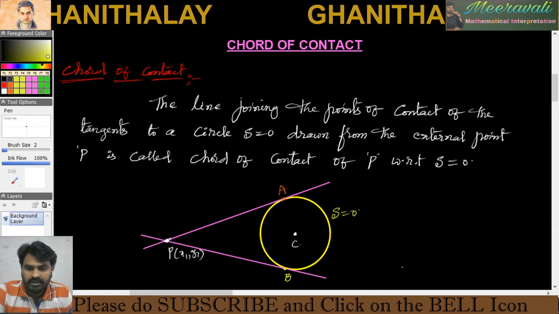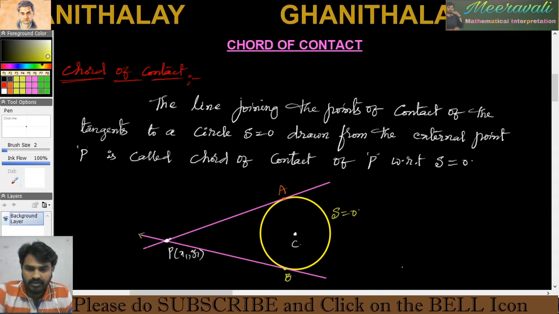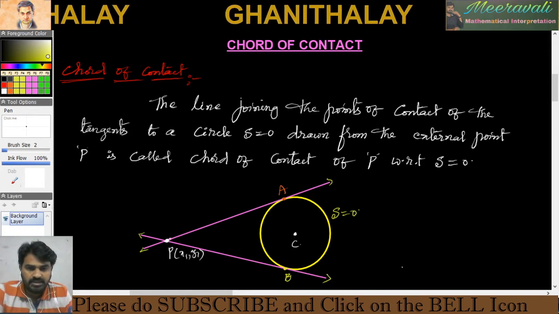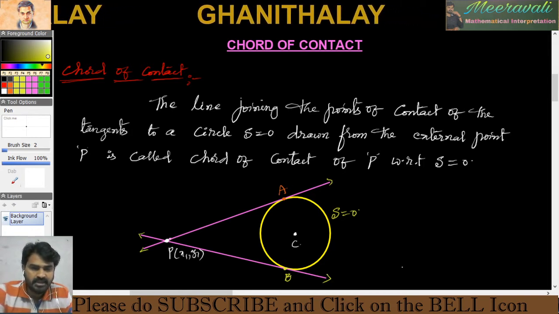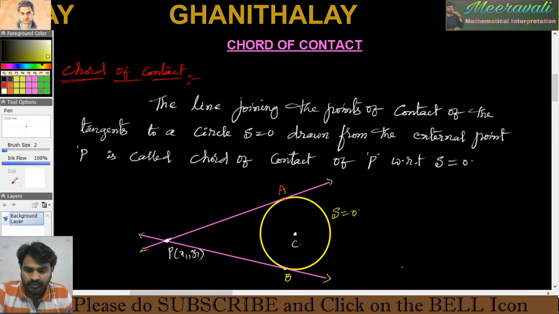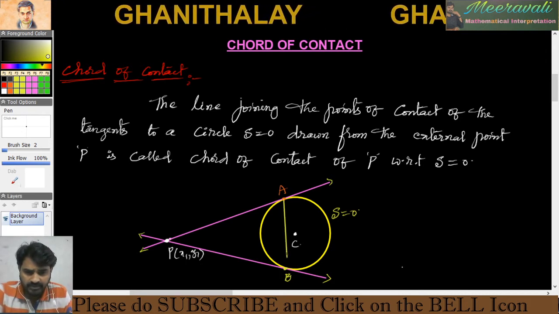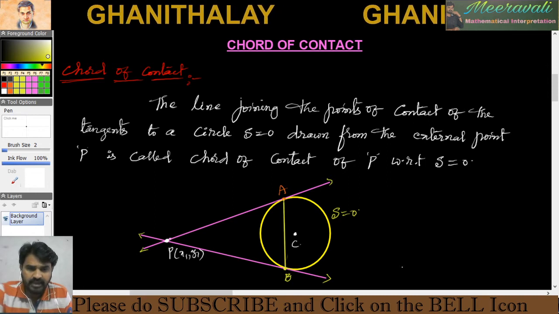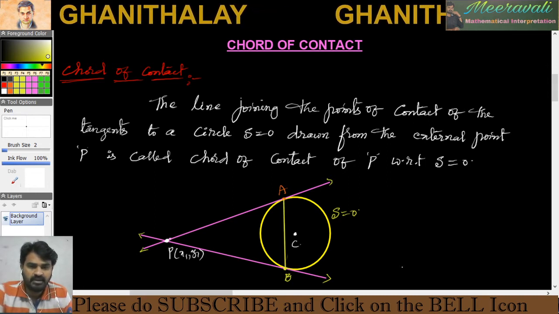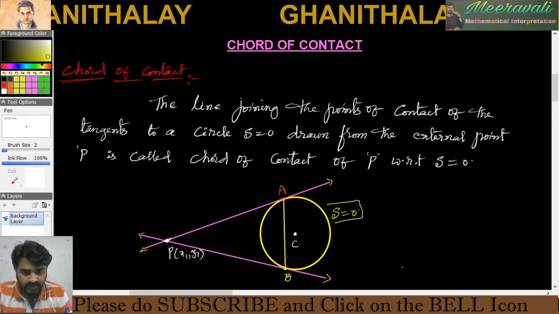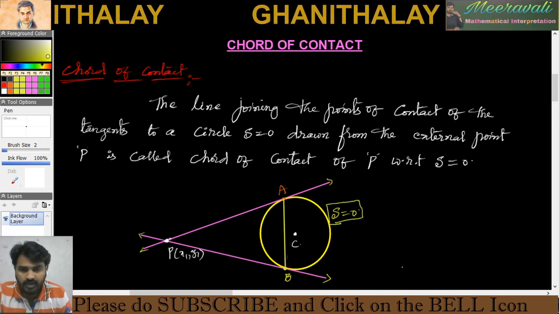We know that two tangents can be drawn from an external point P to the circle. Suppose these two tangents meet the circle at A and B. If you join these points of contact, you will get a chord. This chord is called the chord of contact of the point P with respect to the circle S = 0.